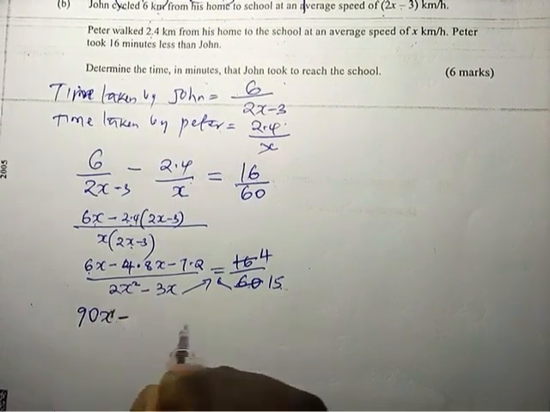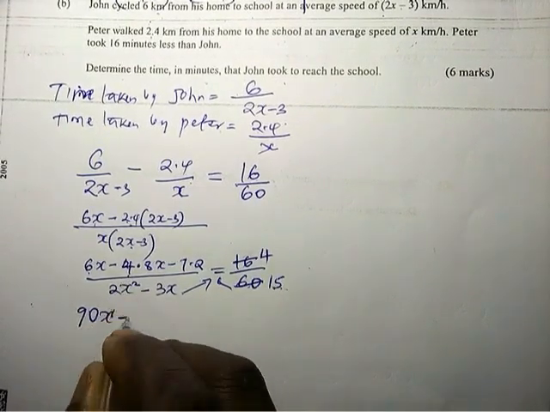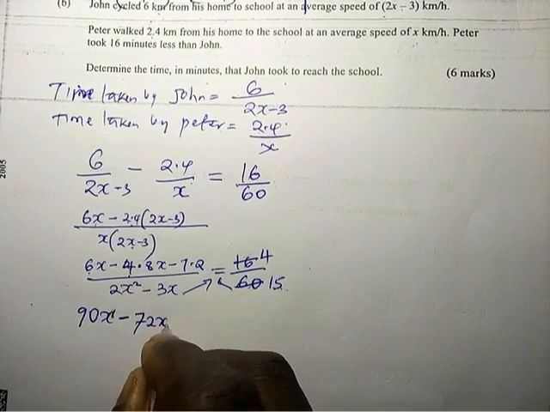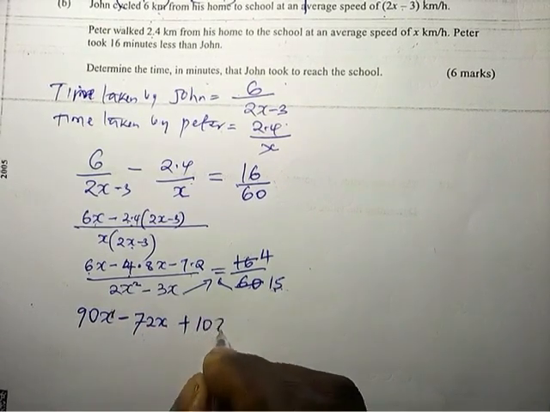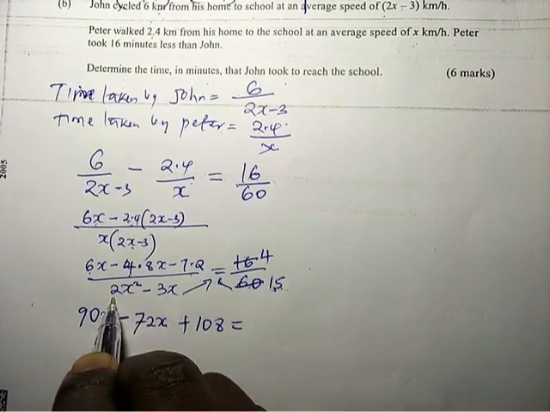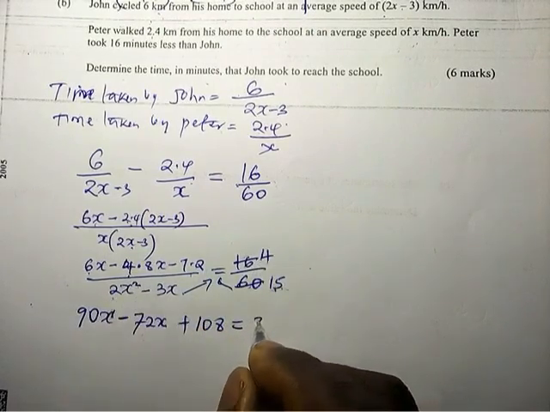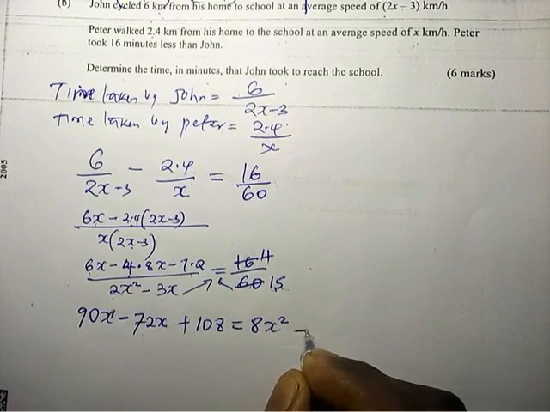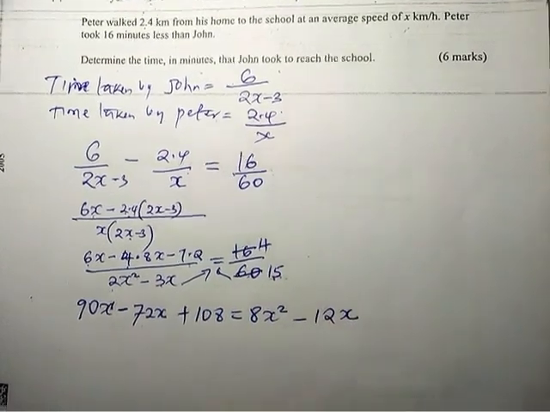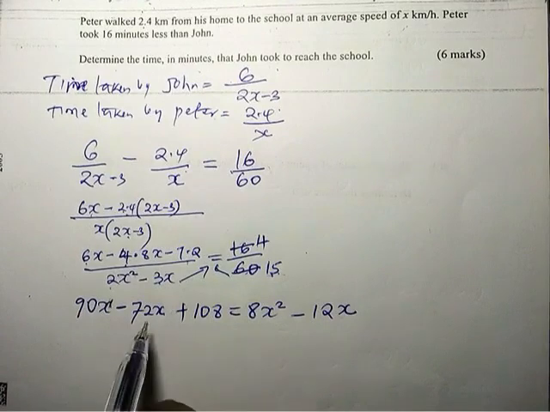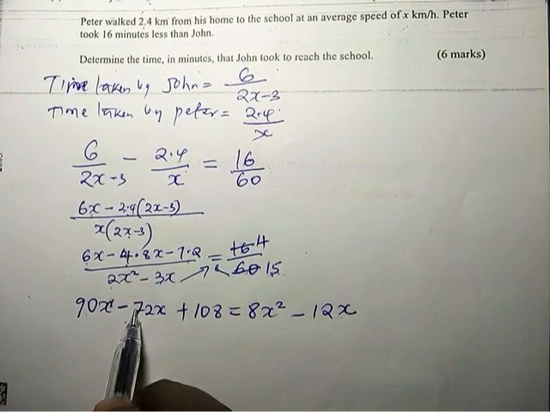So 15 times this, we will have 90x minus 15 times 4.8, 72x, plus 15 times this, we will have 108 is equal to 2x squared times this, we are going to have 8x squared minus this times this, we are going to have 12x. After that, now we like terms together, we subtract this and bring this here.